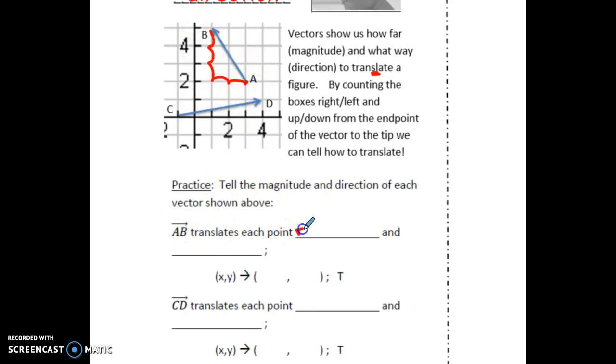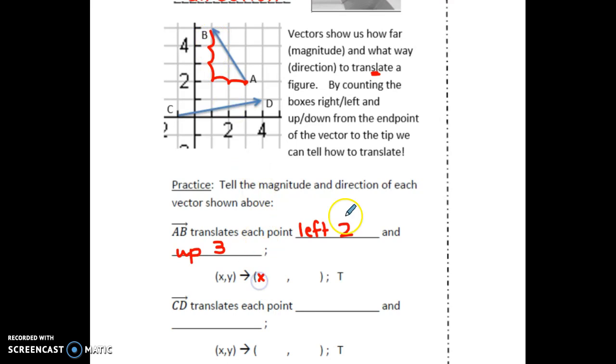And basically what we just said is, it's not going to the right, it's going to the left 2 boxes, and it is going up 3 boxes. So just like we learned in our notation for written directions, we're still giving the directions right or left and how many, and then up or down and how many. And again, we counted from the end point over and up to get to the tip of that arrow, which is the direction that they're telling us to go in.